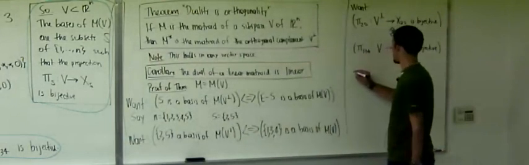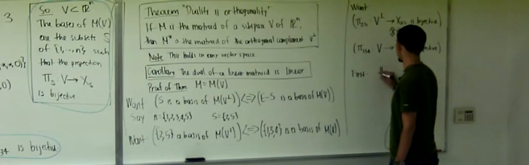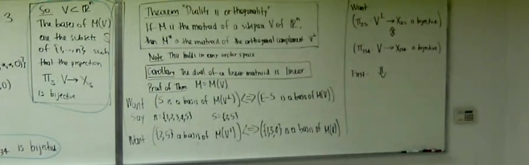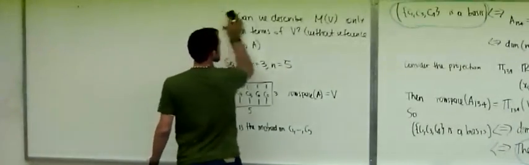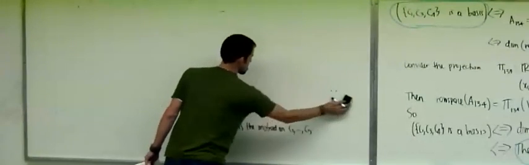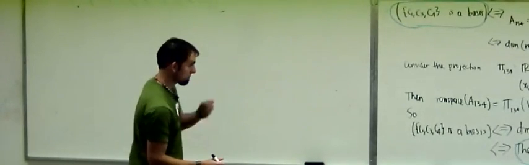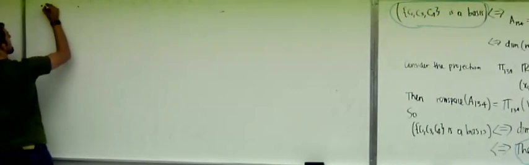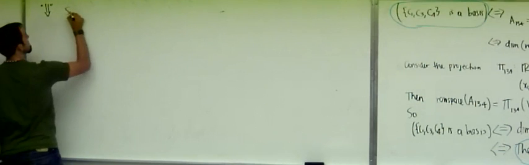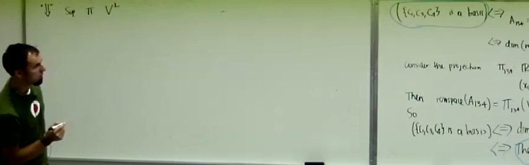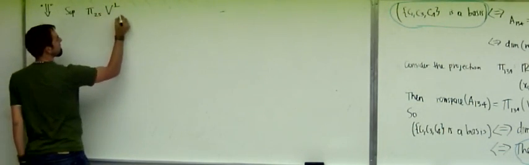So first let me go in this direction. Suppose that when I project V perp onto the coordinates 2 and 5, that's a bijective map.